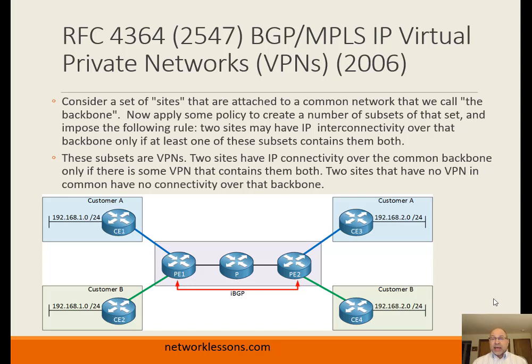And so the subset of the addressing or the subset of the traffic that we want to flow is a VPN, or that's what we're creating. We're creating this container for this traffic or these flows going between the sites.